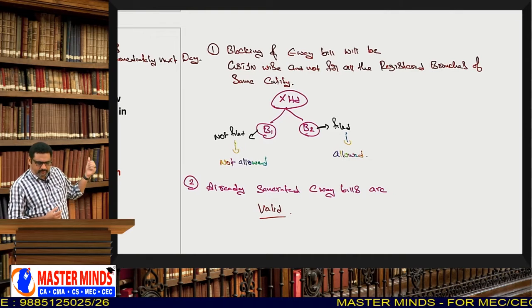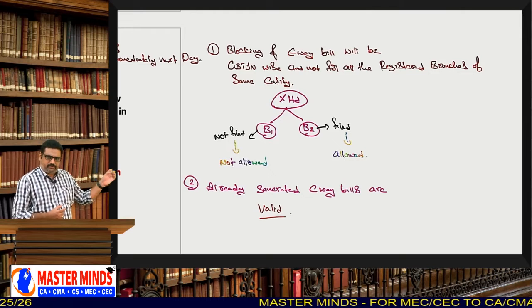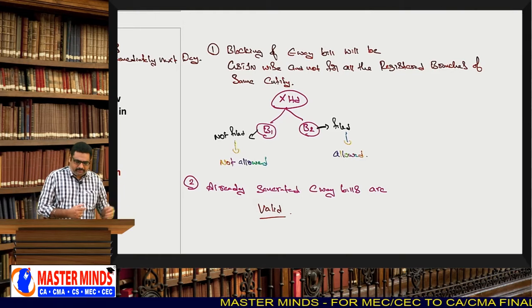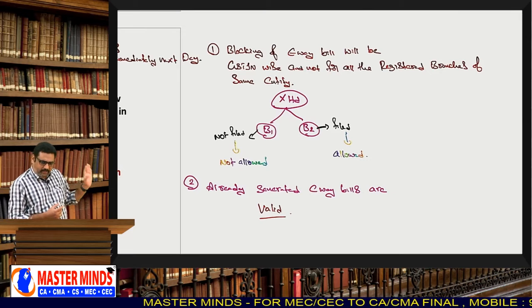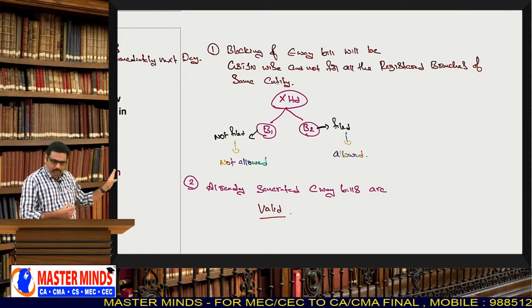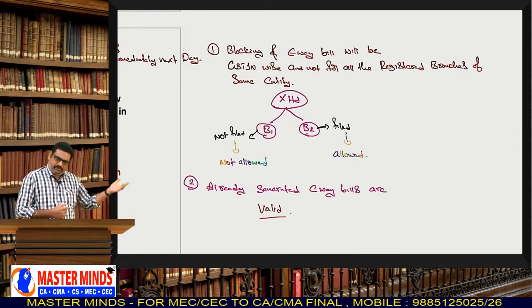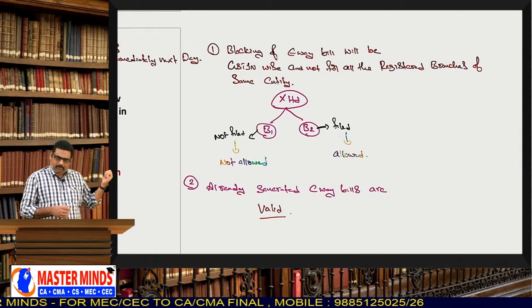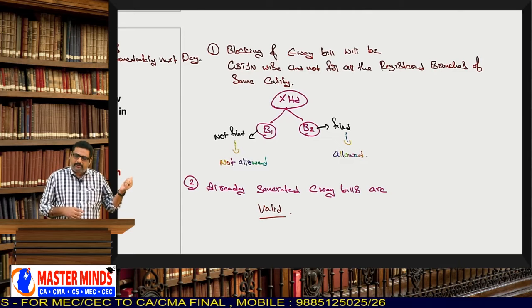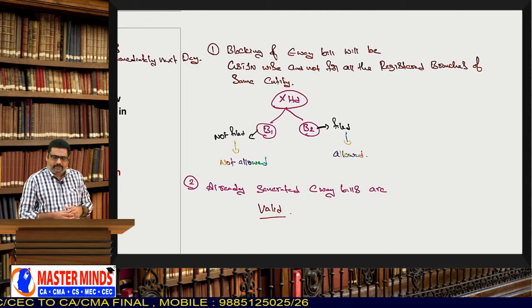Say branch 1 has not filed GSTR 1 for 2 or 3 tax periods. Then what is the position? Branch 1 is not allowed to generate EWAY Bills, it is blocked. For branch 2, which has filed GSTR 1 or GSTR 3B regularly, EWAY Bills can be generated. They are allowed to generate the EWAY Bill.